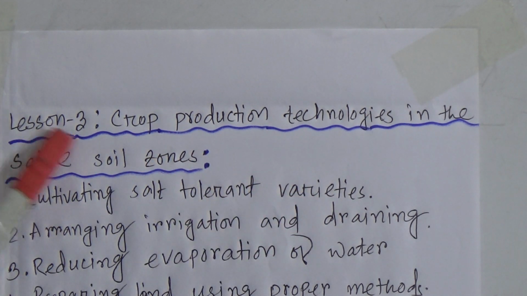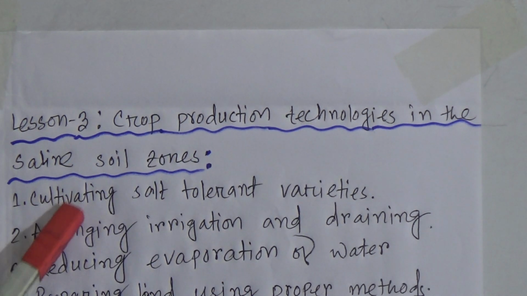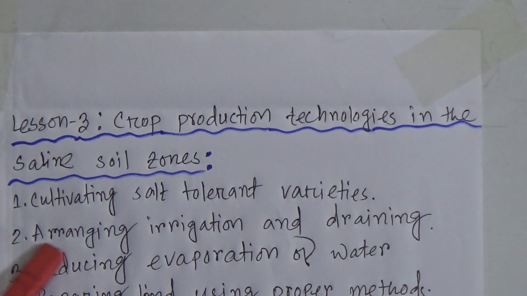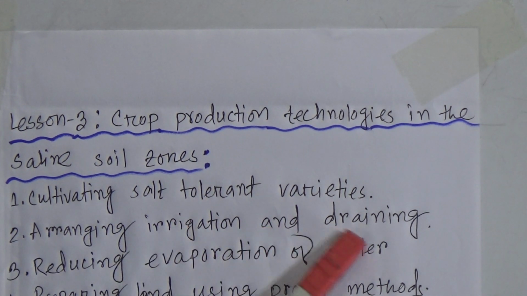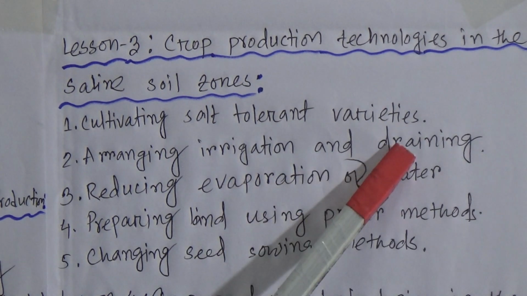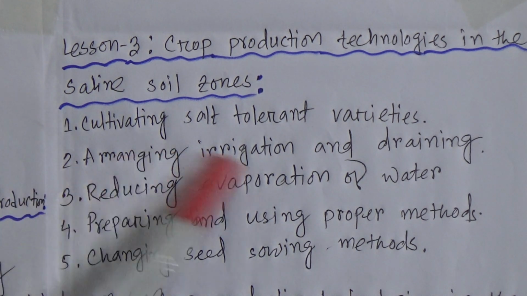This means on such kind of land, the farmers should cultivate such kind of crops which are salt tolerant. Then arranging irrigation and draining. The farmers should be aware of arranging irrigation and draining. The land should have a good draining system.